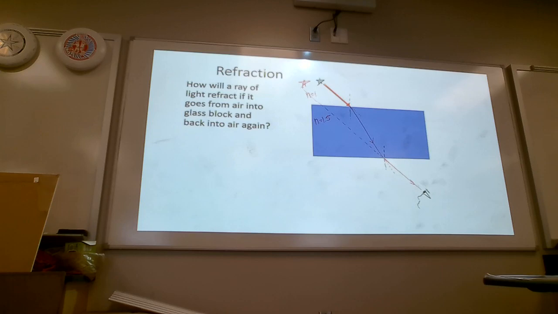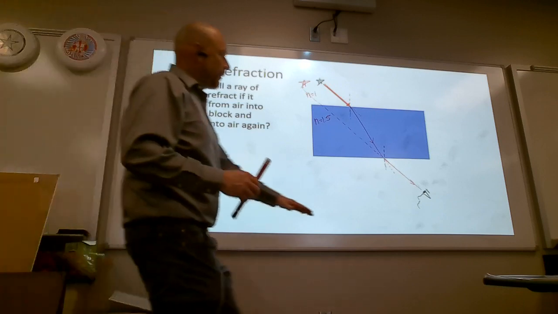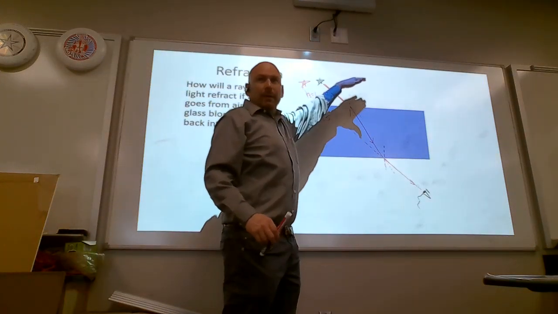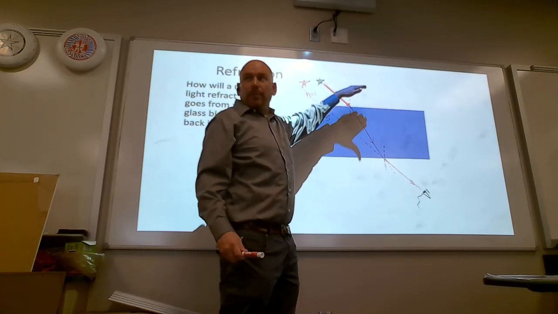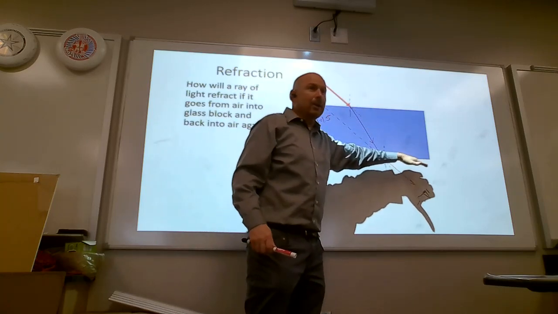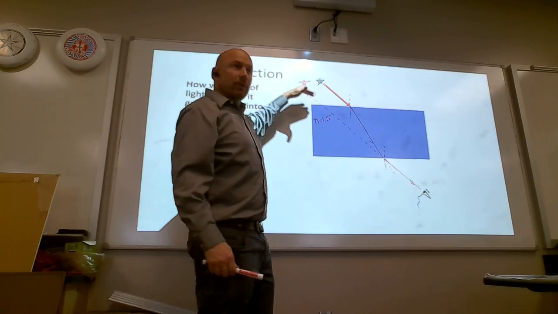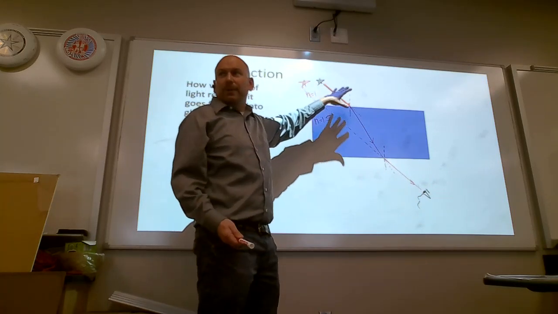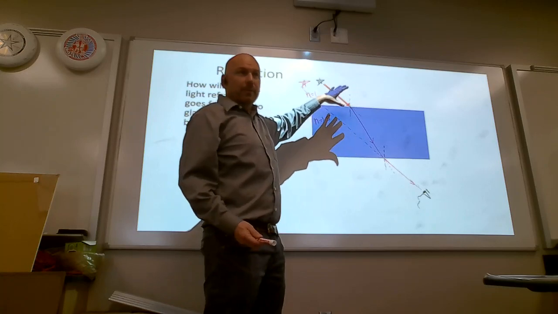So if you're looking through a window, if you're looking straight on, there's not going to be any bending and shifting. But if you're looking at an angle, that's where you're going to see this shifting of where the object is compared to where it appears to be.